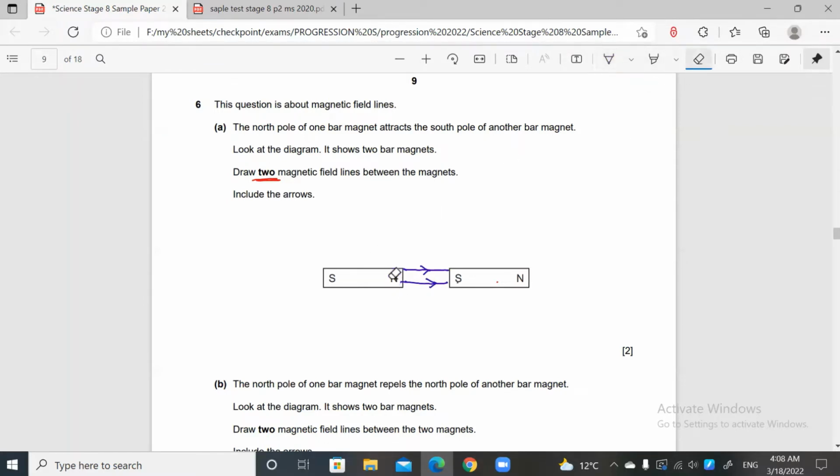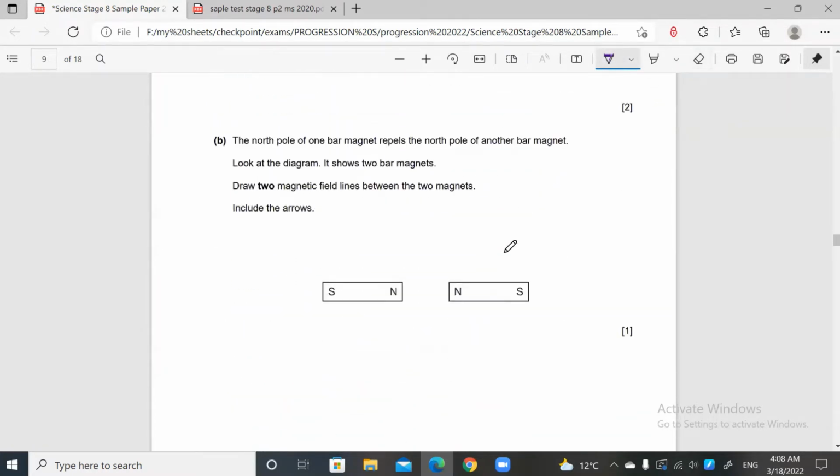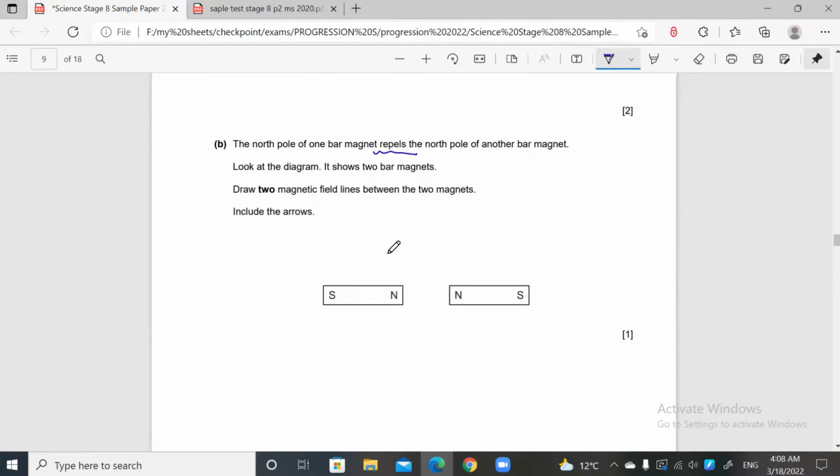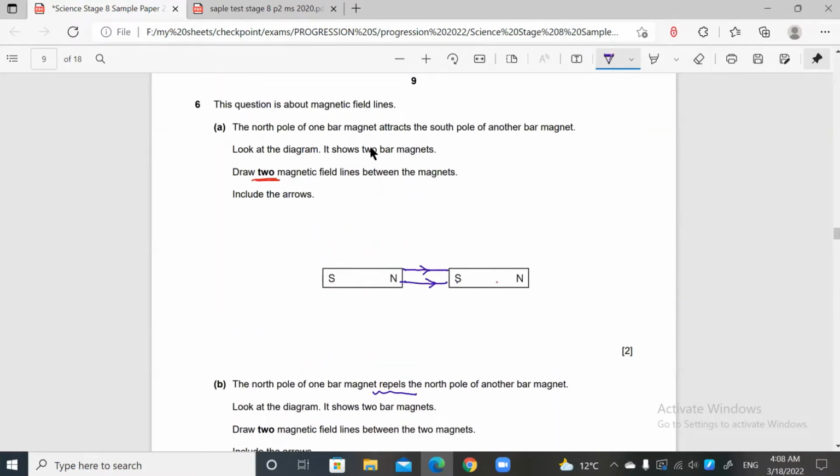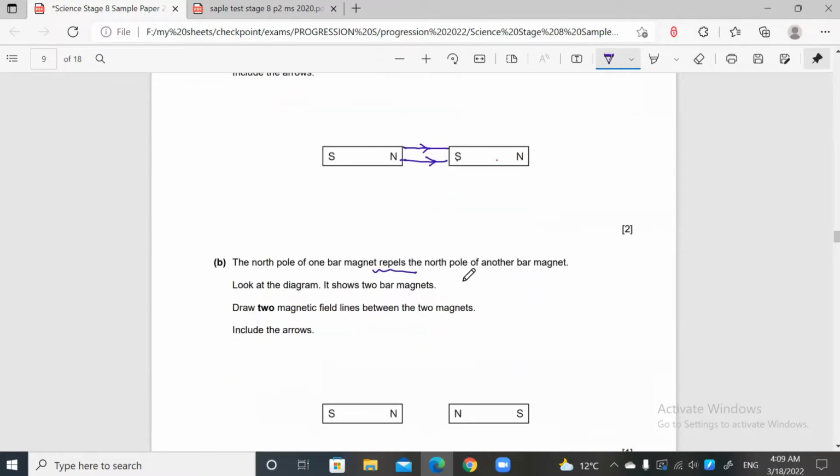Question B: the north pole of one bar magnet repels the north pole of another bar magnet. In the first part, the north pole attracts the south pole, so this is an attraction force between the two magnets.